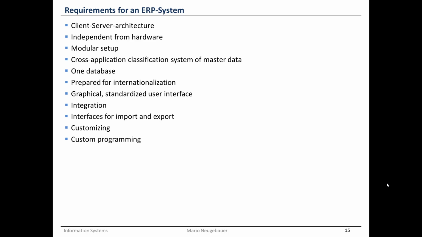A classification system, for example, describes a certain set of human resources data, and then this information is important for the core application, and maybe also for other satellite systems which rely on the HR system delivering some information for these satellite systems.